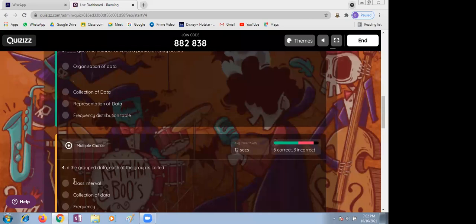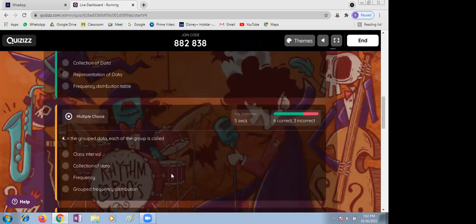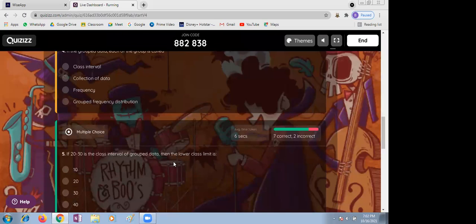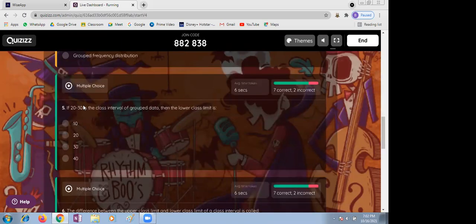The group of data is called a class interval. Very good. The next one: lower limit 10, upper limit 20.